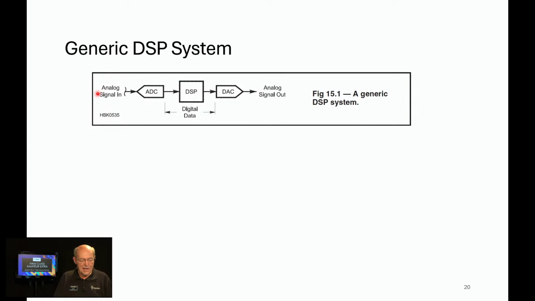We can actually sample right at the RF frequency, some of the newer radios. Before folks were doing that, because of all of the advantages of digital signal processing, they were going through a couple of stages of analog mixing because the digital signal processing has a hard time working at very high frequencies.